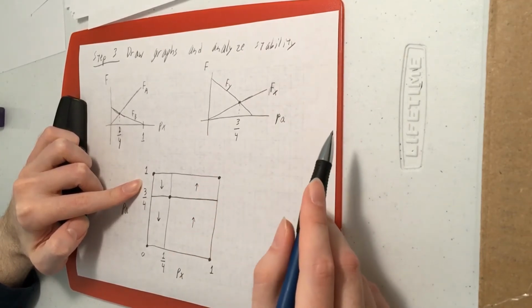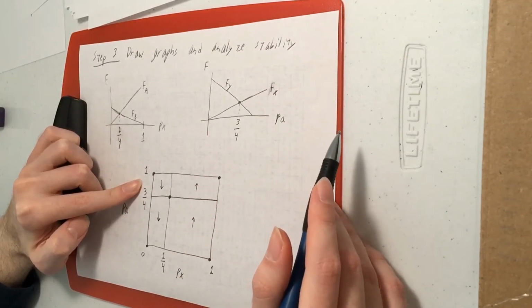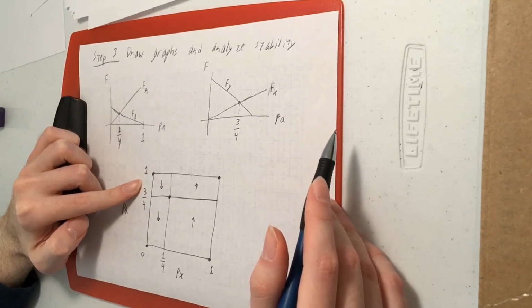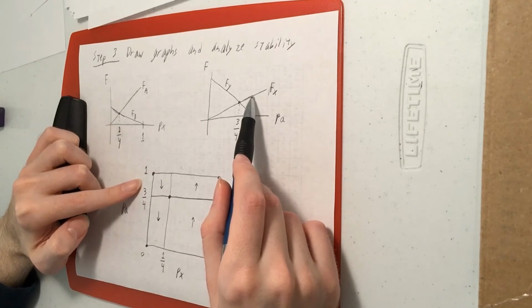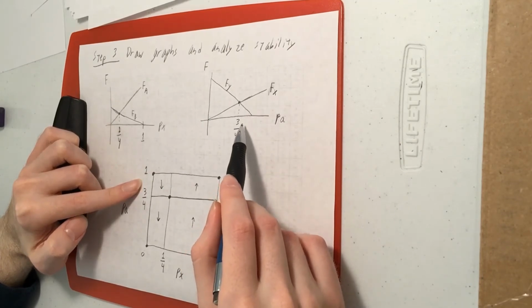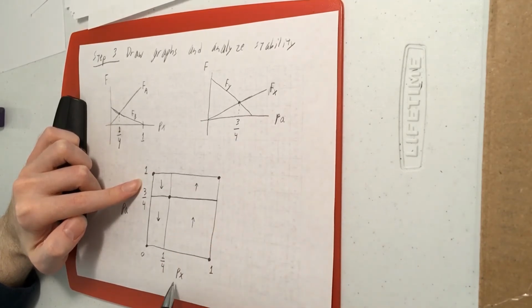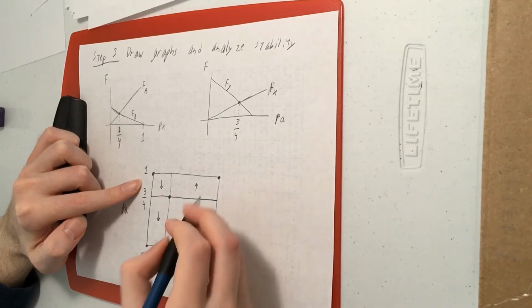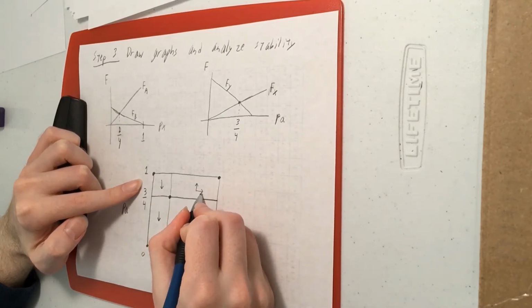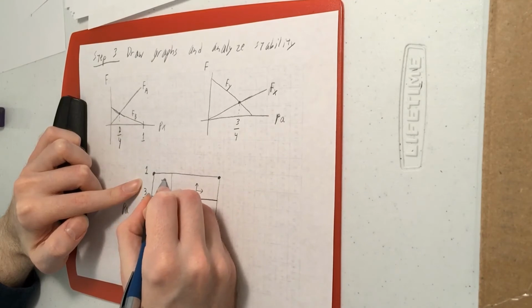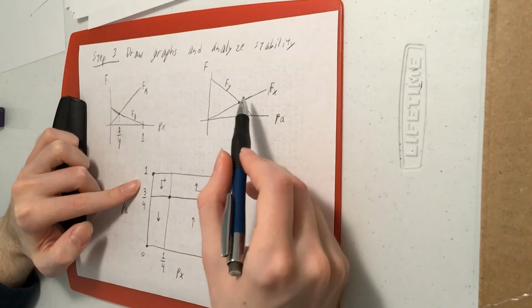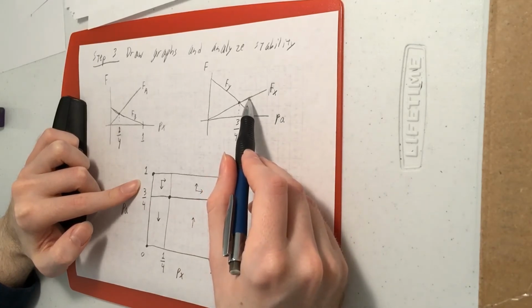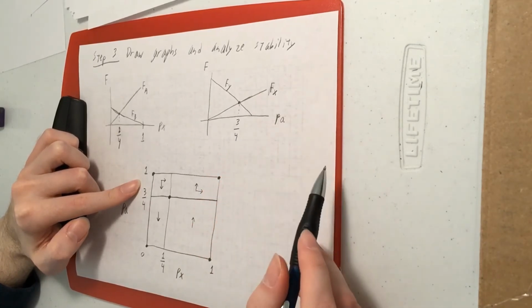So high PA is going to mean that X types will live longer and reproduce, so PX is going to be increasing when PA is high. So PX is out here, that's going to start going up. Then I got to draw arrows going this way. So that shows that a high PA corresponds to X types being fitter.